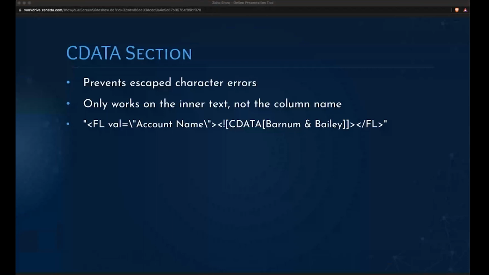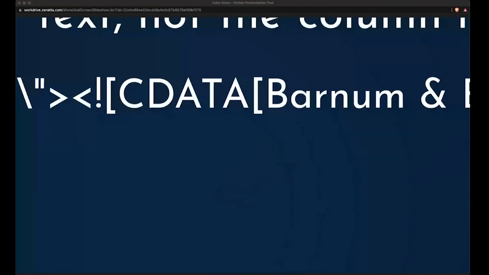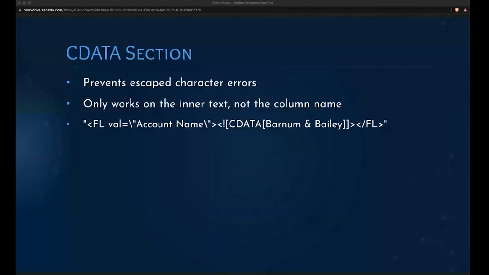If you want, you can have this CData tag that starts with a tag, exclamation point, square bracket, CData, square bracket, then the text of whatever your data is, close the square brackets, close the tag. This is what goes in between your FL tags.